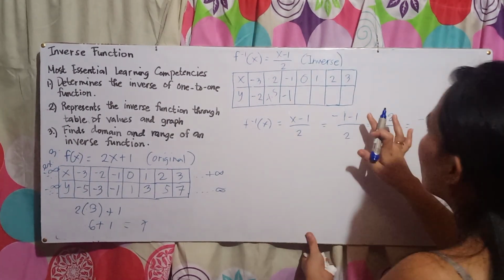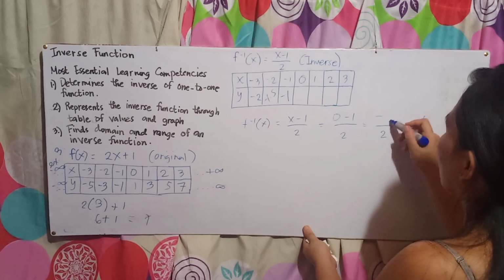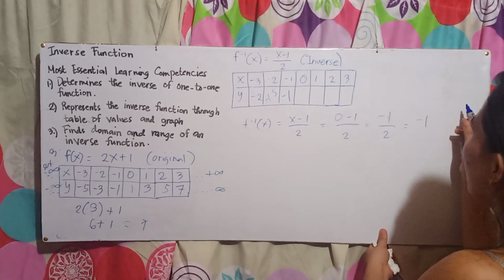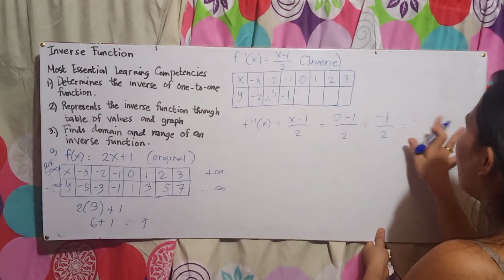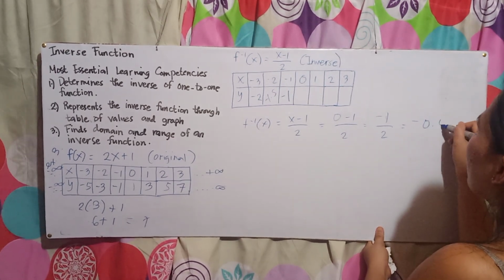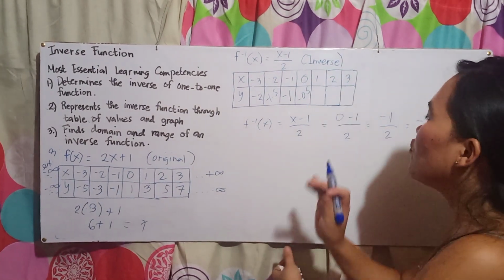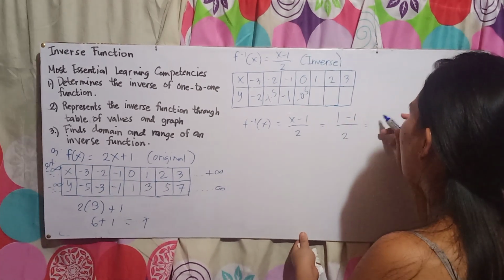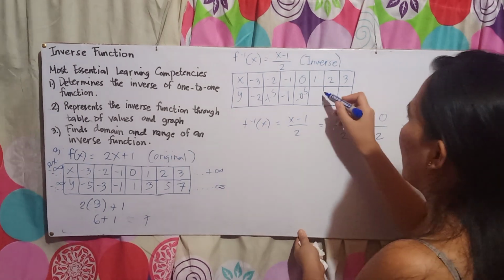If 0, so negative 1/2, or negative 0.5. Then if 1, it becomes 0/2, or 0.